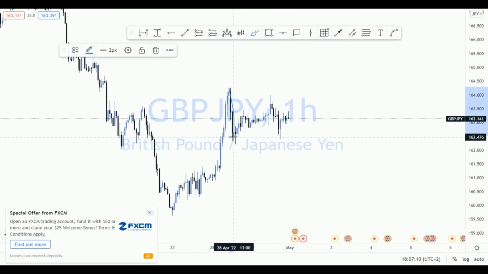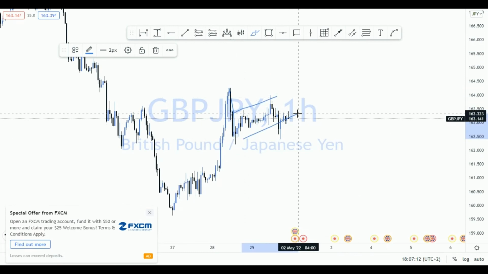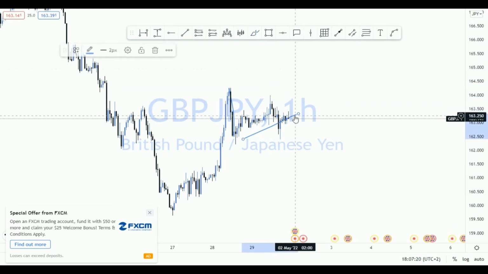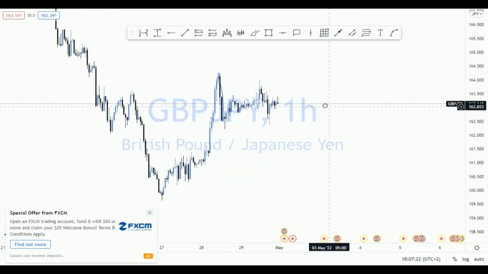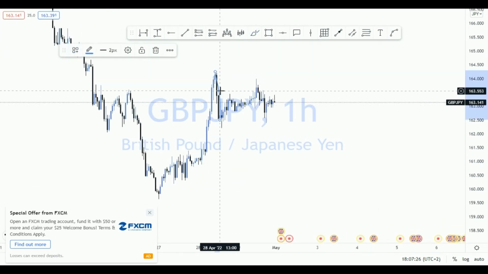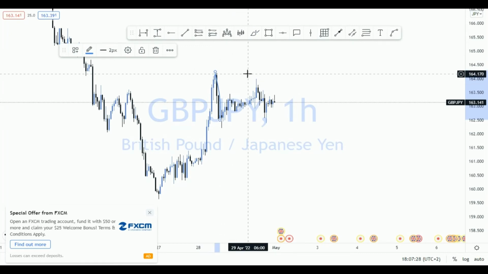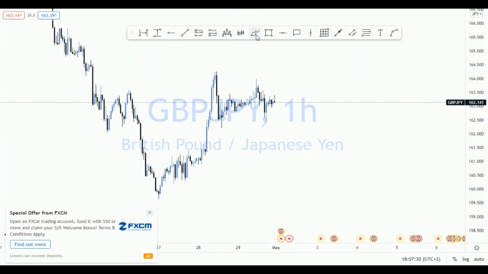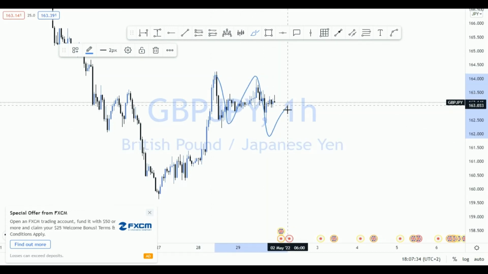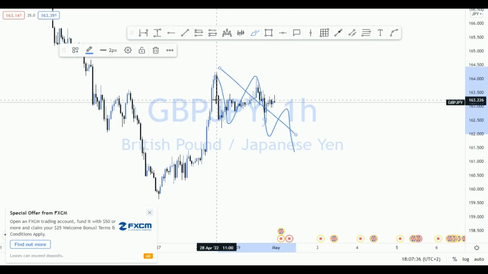You can clearly see that we've had this impulse, this corrective move. This looks like a continuation pattern to then continue moving to the downside before we have the long-term push to the upside. We can also view this like this, and just remove this. We can also have this form of a pattern.